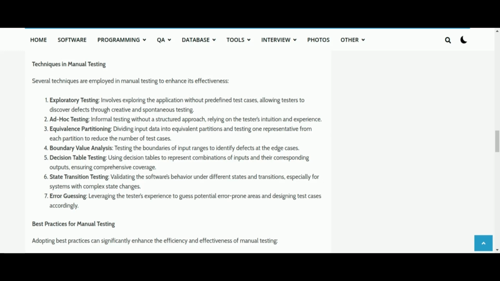Different states and transitions of software behavior, especially for systems with complex state changes. Okay, so validating the software behavior between the states and transitions.